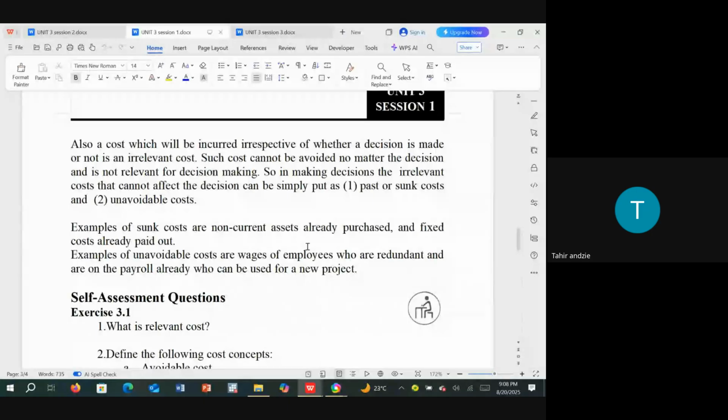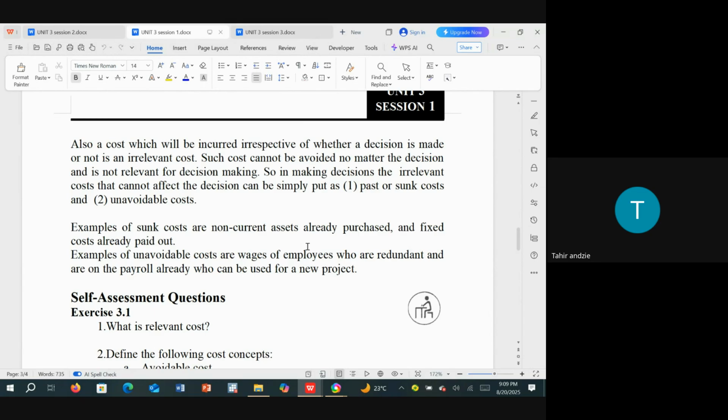Some costs you have not paid yet, not like the taxi driver, whom you have paid and he's gone. But there are some costs you have already committed yourself to, and whether you decide to go ahead with it or not, it will not be changed by that decision. Such costs cannot be avoided no matter the decision, and they are not relevant for decision making.